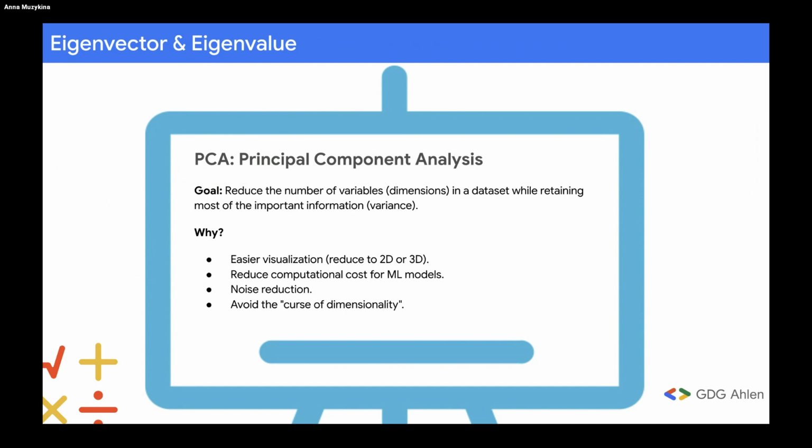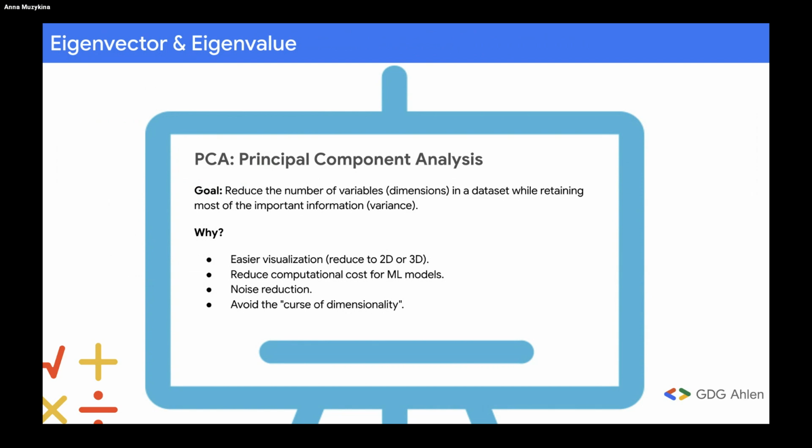Why would we want to do this? Reducing dimensions can make data much easier to visualize. We can often reduce complex data down to 2 or 3 dimensions to create scatter plots. It can significantly reduce the computation resources needed to train machine learning models.